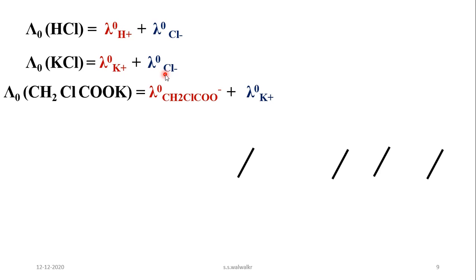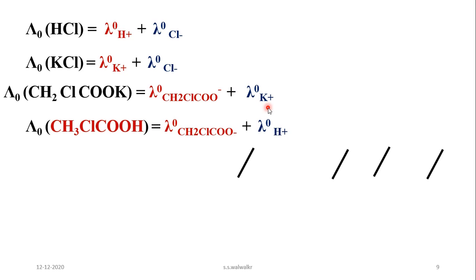And lambda 0 of CH2ClCOOK, that is monochloro potassium acetate, is equal to lambda 0 of the monochloroacetate ion plus lambda 0 of potassium ion. And lambda 0 of monochloroacetic acid is equal to lambda 0 of the monochloroacetate ion plus lambda 0 of hydrogen ion. So here Cl ions are not there and potassium ions are not there, so we have to cancel these.